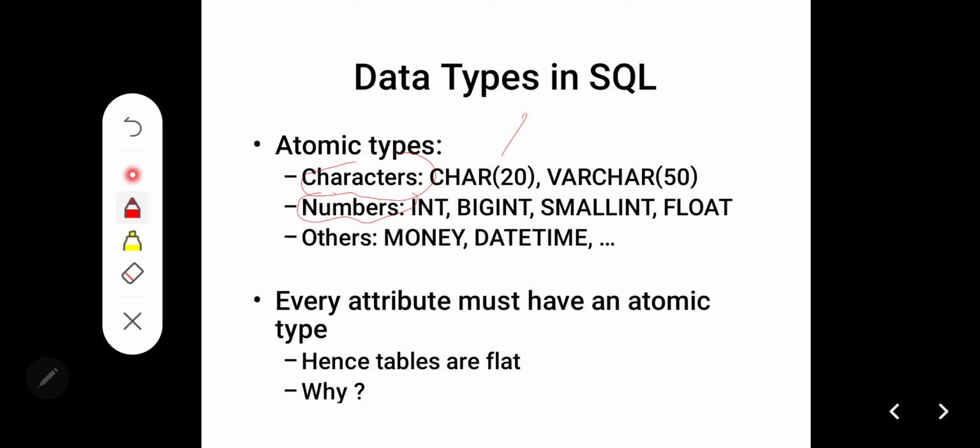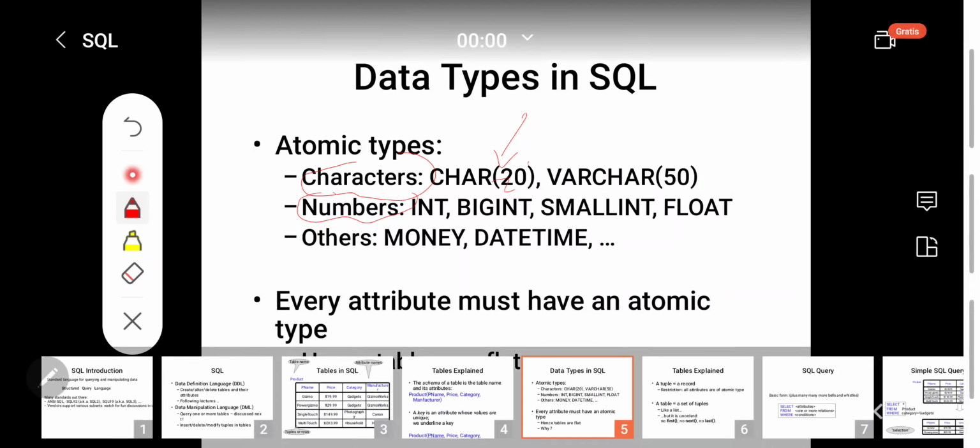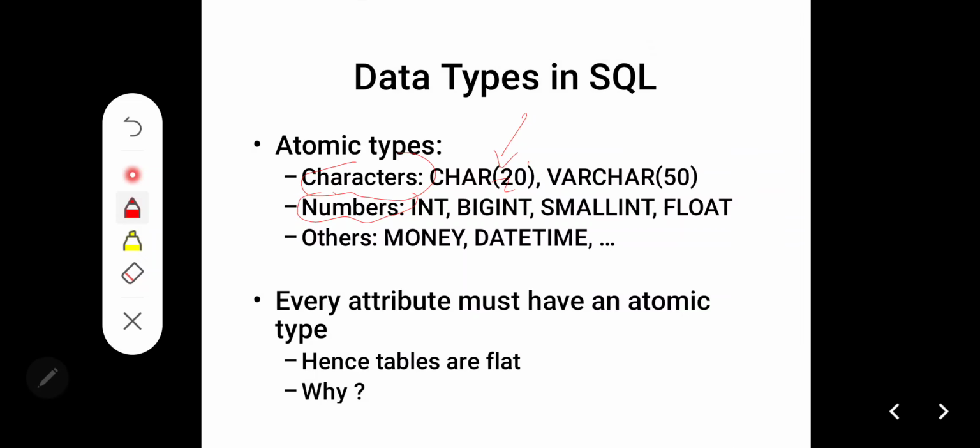You can see here char with 20 characters, and varchar with 50. For numbers, you can see int, meaning integer, bigint, smallint, and float. For other, you can see money, date, time, and so on.